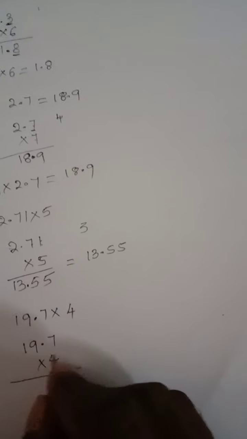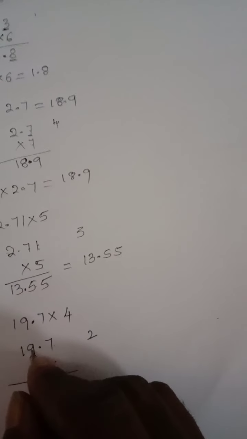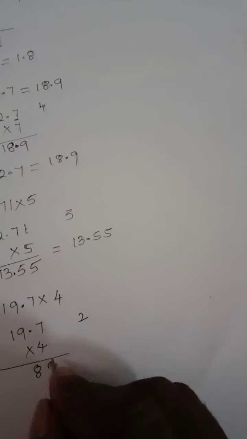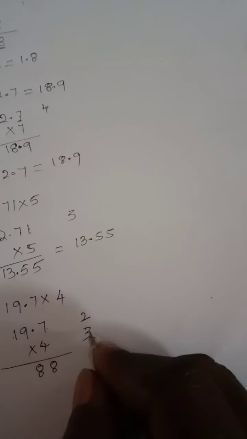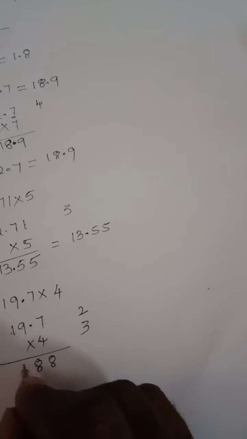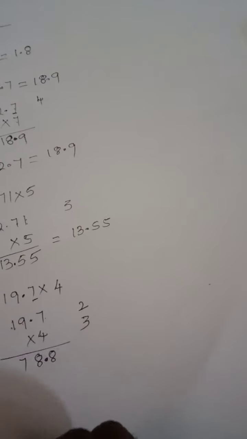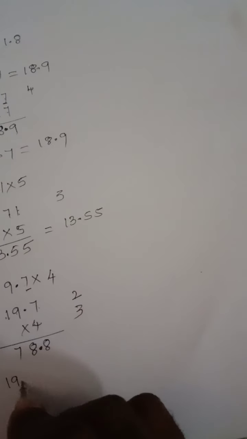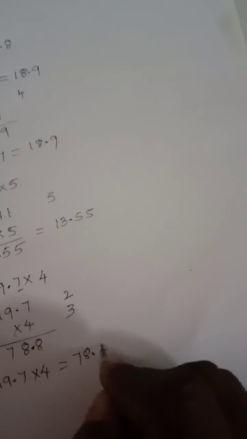How can we multiply? 4 7s are 28, carry 2. 4 9s are 36 plus 2, 38, carry 3. 4 1s are 4 plus 3, 7. So one digit after, we can put the point, because there is only one digit after the point. So 19.7 into 4 is equal to 78.8. Now we go for the fifth one.